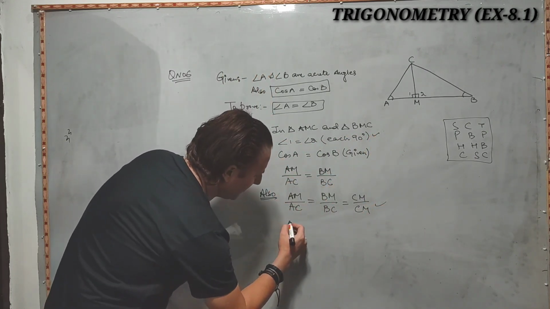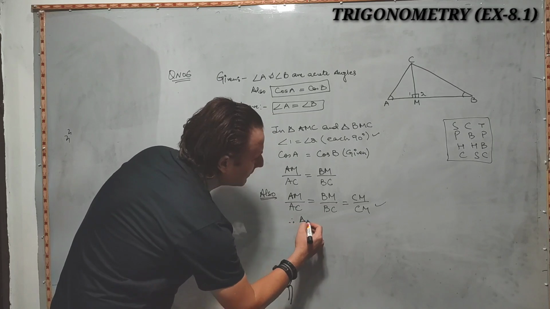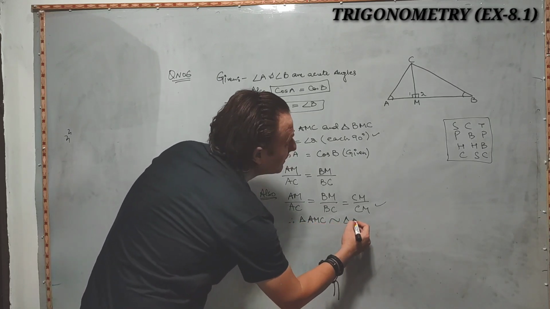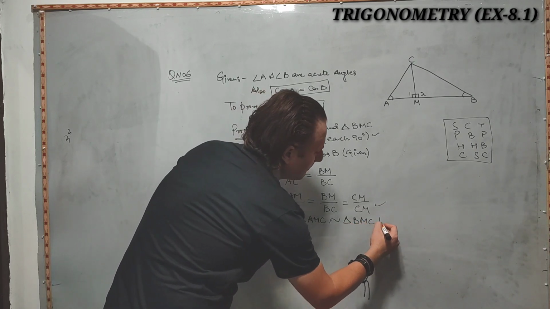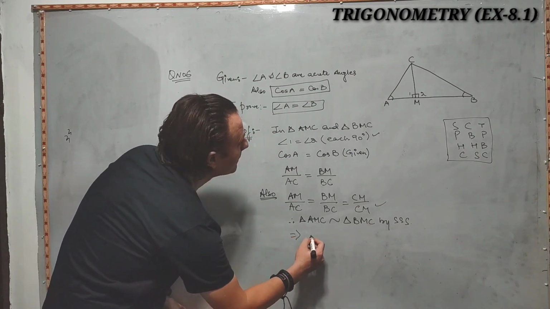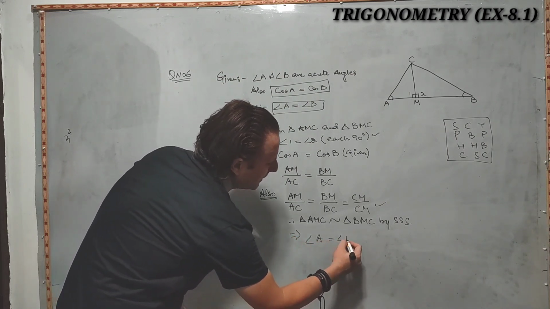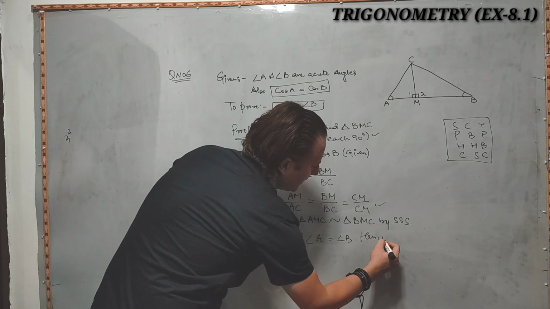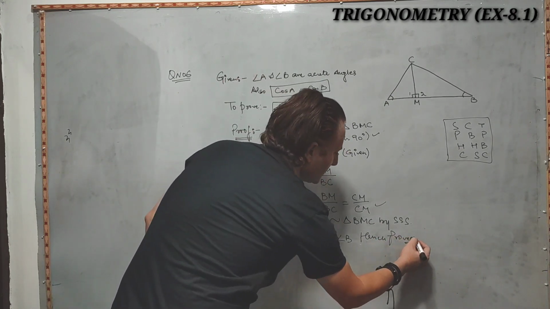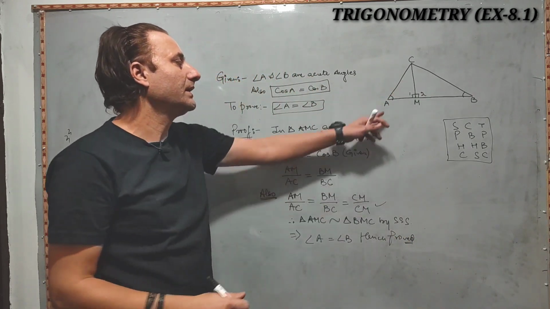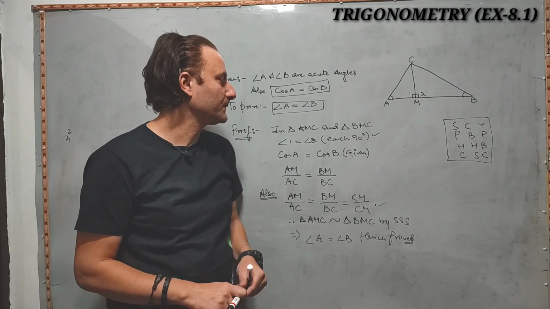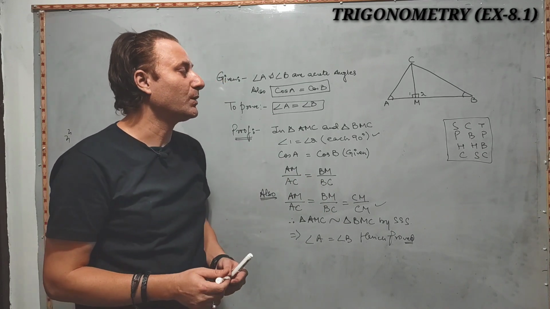So using similarity, I can say therefore triangle AMC is similar to triangle BMC by SSS, which means angle A is equal to angle B. Why? Because when the triangles are similar, the angles are also equal. Clear? So this is our question number 6.